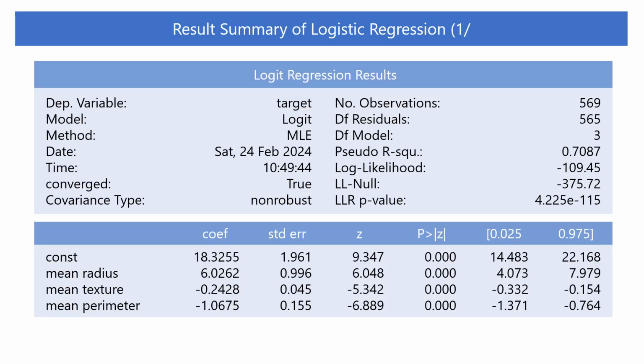As a summary of the results, the following table is output. The title, Logit Regression Results, is another name for logistic regression. The lower portion provides information on the constant term and the coefficients and the statistical significance of each predictor variable. The coef is the coefficient of each predictor variable in the logistic regression model.